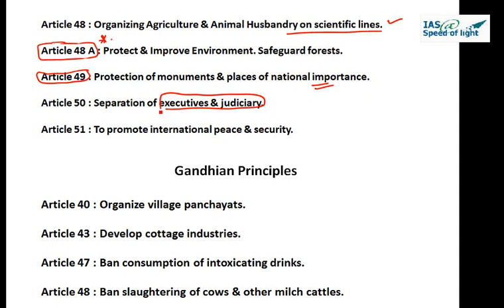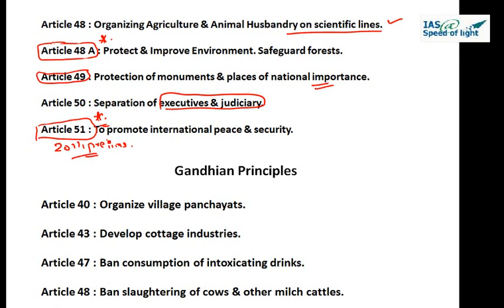Article 51, promoting international peace and security, was asked directly in prelims in 2014: in which part of the Indian Constitution is it, fundamental rights or directive principles of state policy? It is under directive principles of state policy, Article 51. This is how questions are normally asked directly in prelims from Indian polity.